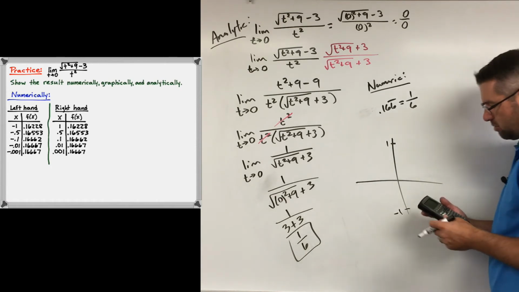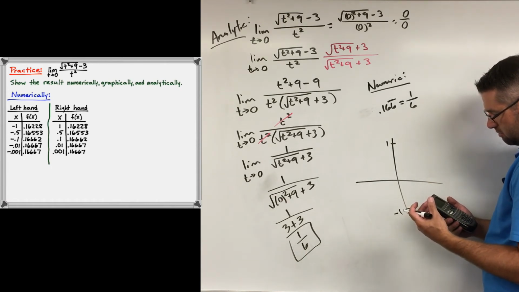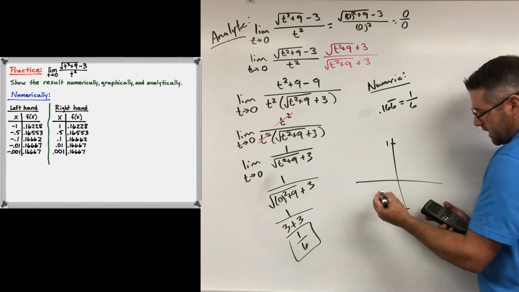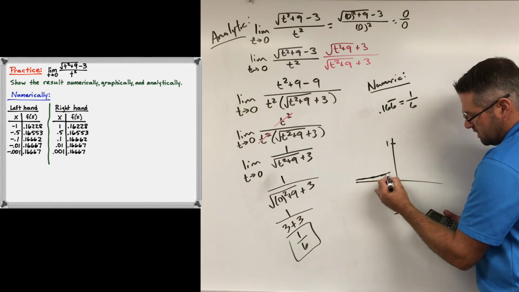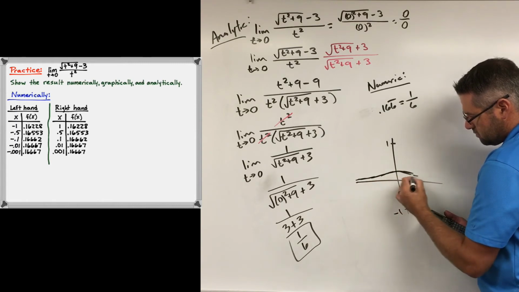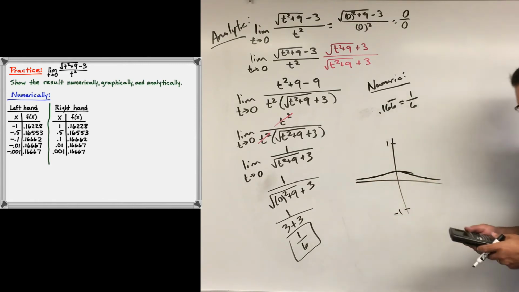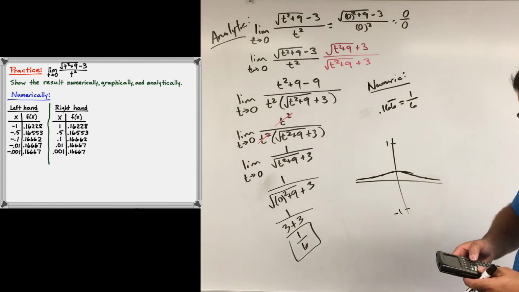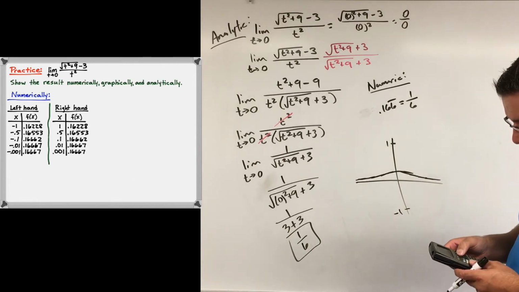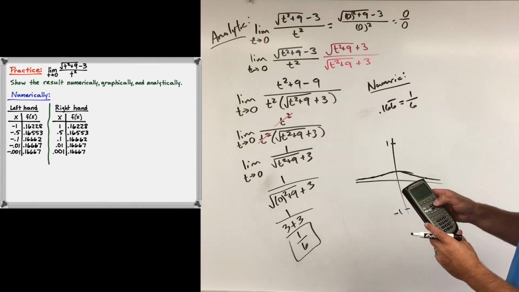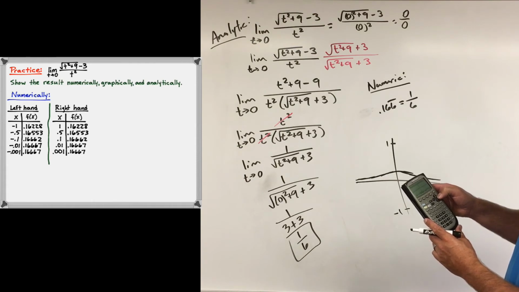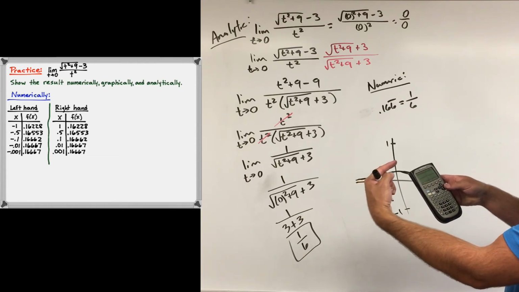you're going to see a little bit more dramatic going on here, okay? And so you see something that kind of does this. It just goes up a little bit and then back down. Now, if you hit F3 to trace, your cursor is going to pop up and you can arrow through, and you can go from the left and move your cursor over as x is approaching 0 from the left.